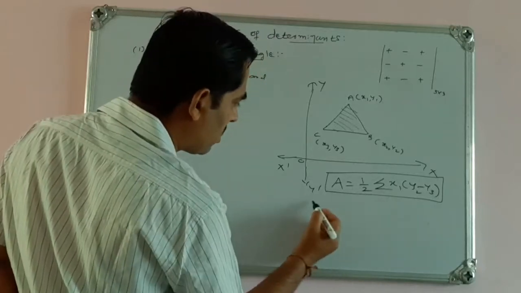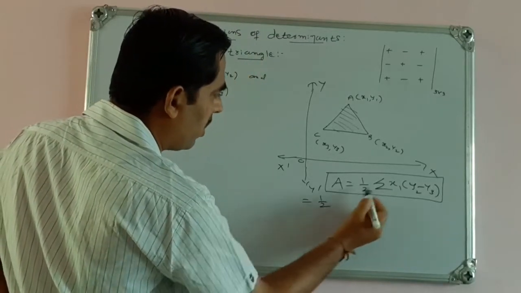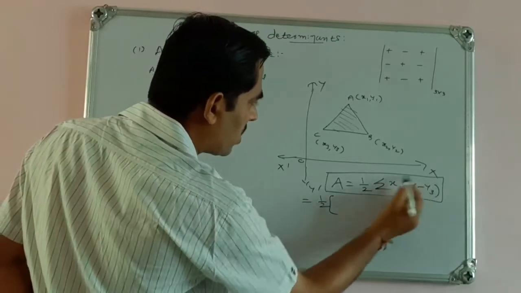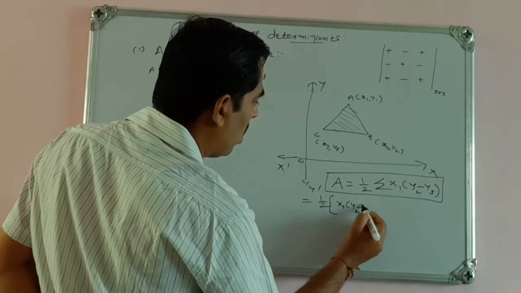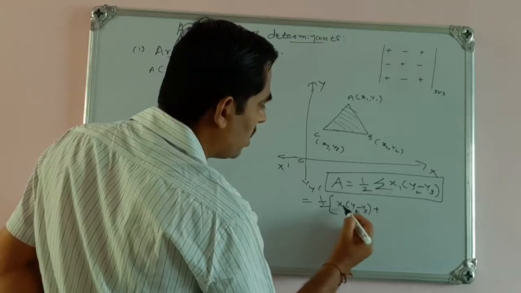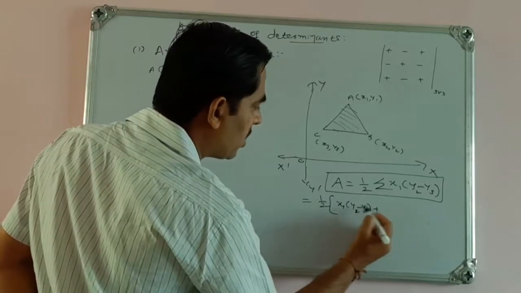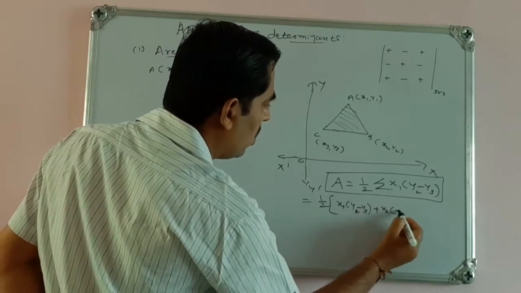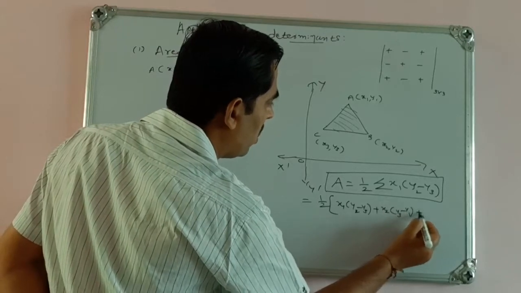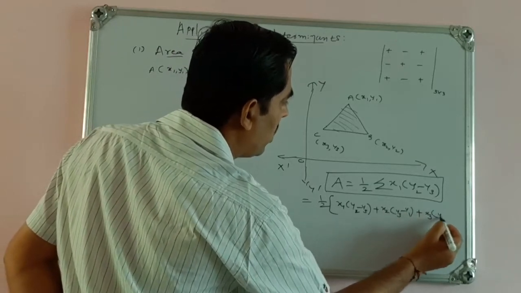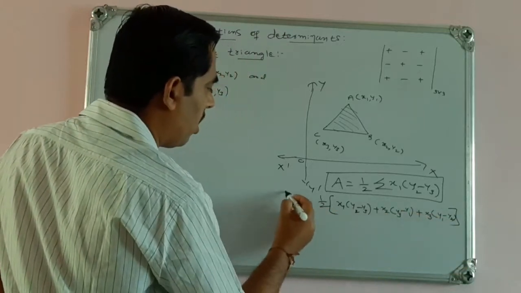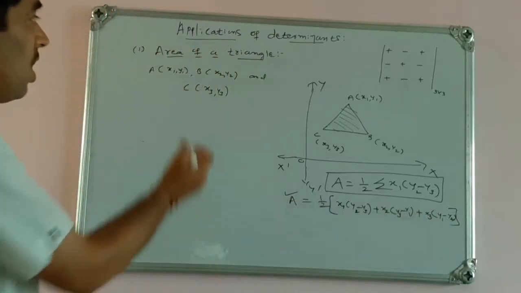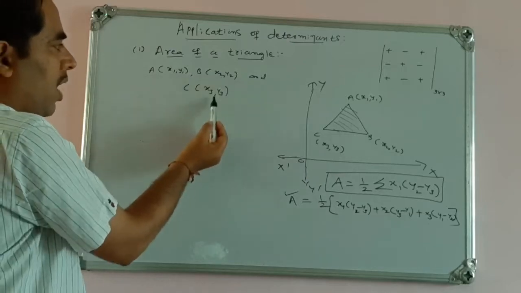We can expand this. I will write half as it is, and expand the sigma, a sum of 3 terms: x1 into y2 minus y3, plus, going on changing cyclically, x2 into y3 minus y1, plus x3 into y1 minus y2. This was the area of the triangle whose vertices are x1, y1, x2, y2 and x3, y3.